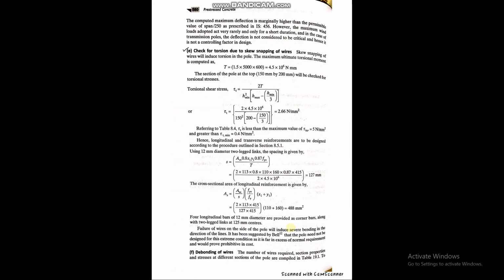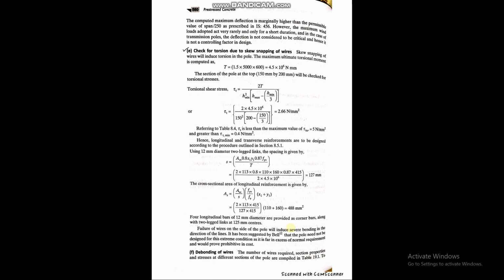And finally, due to the skew snapping of wires, there is a possibility that torsion may develop at the top of the poles. So we had to check whether my section will be able to carry that torsional moment or not. In this case, however, the section was not able to carry it on its own, so we had to provide certain measures against that in the form of stirrups, in combination with longitudinal bars of 12 millimeter diameter as well.